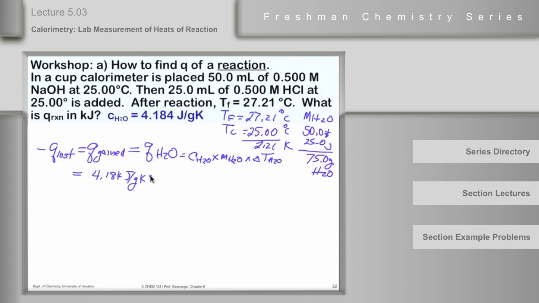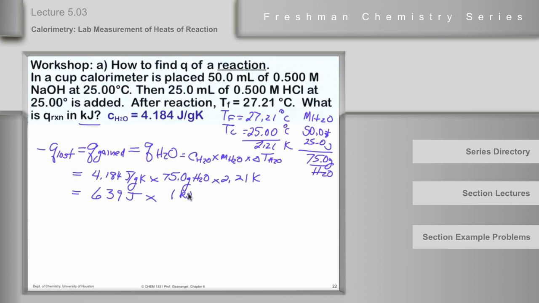And when I did that arithmetic, I got 639 joules, to three significant figures, but it wants it in kilojoules, so we're going to go ahead and just convert it to kilojoules, 1 kilojoule being equivalent to 1,000 joules. And so the answer in kilojoules is 0.639 kilojoules, which is equal to Q of the water.